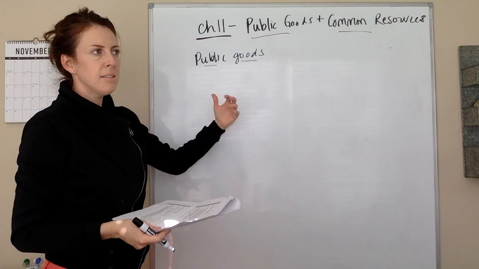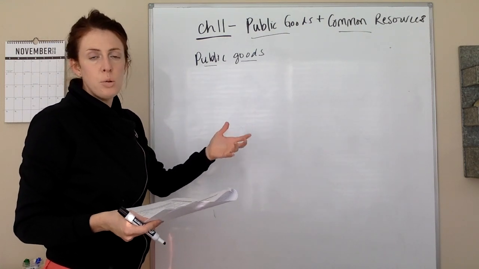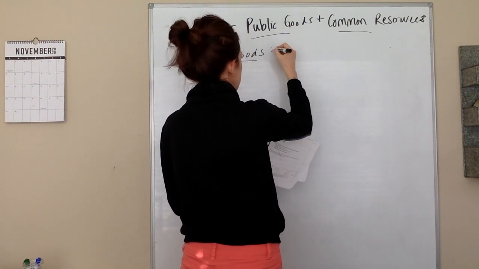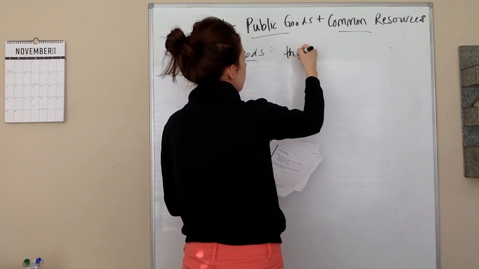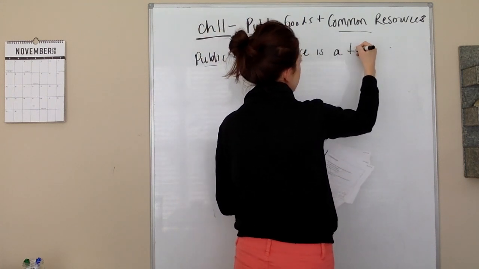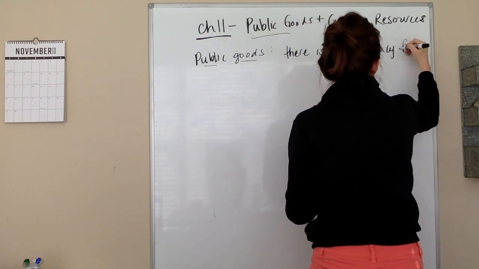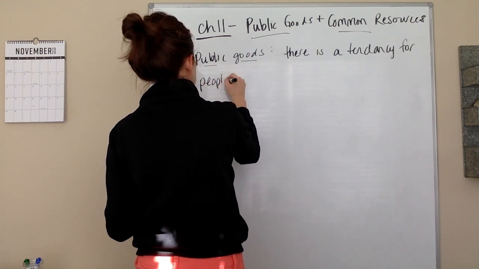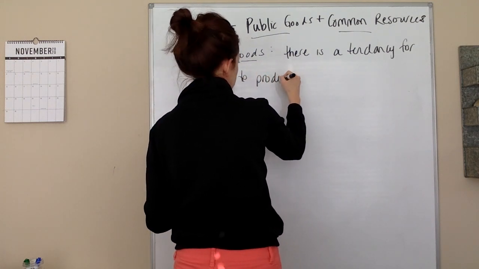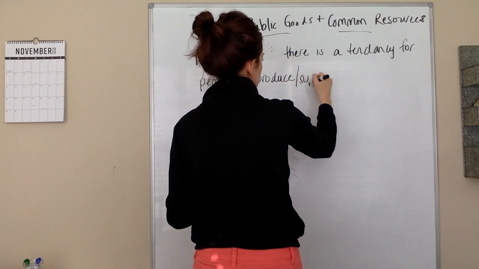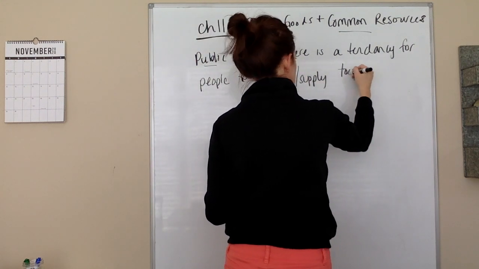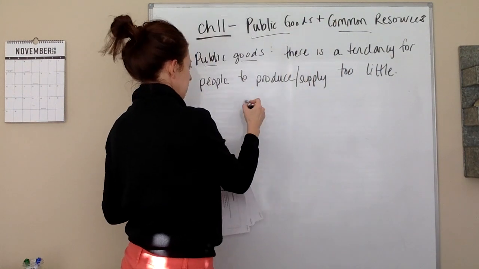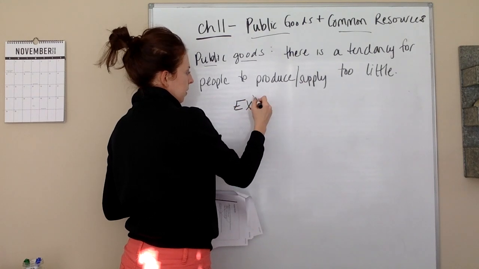So the supply isn't sufficient, or it's not as much as we would optimally like to have. So there is a tendency for people to produce, or another way of saying this is supply, too little.